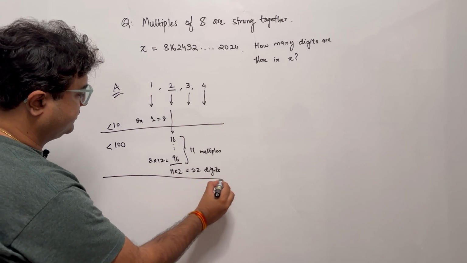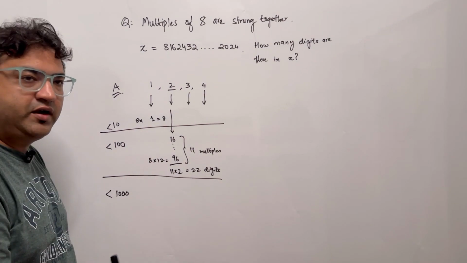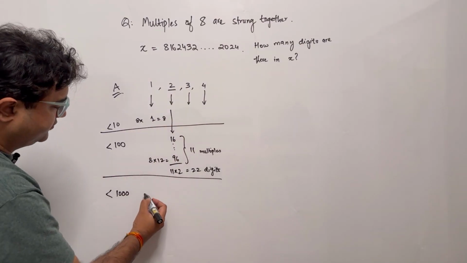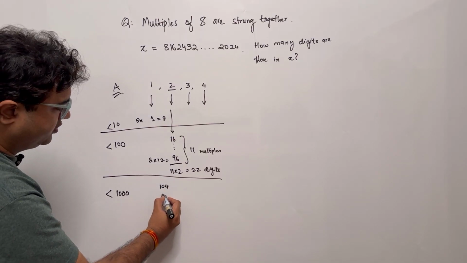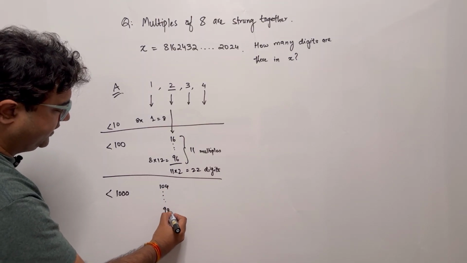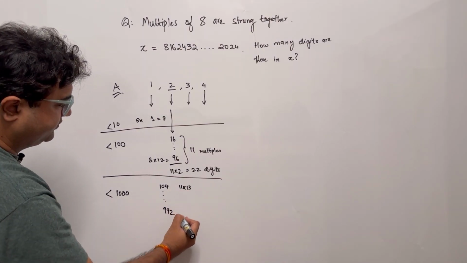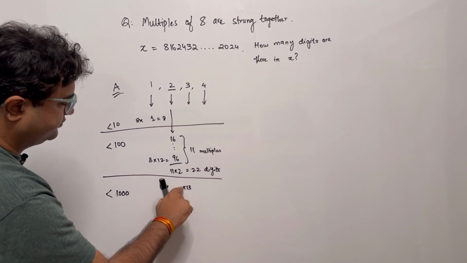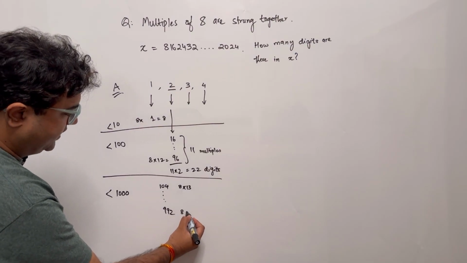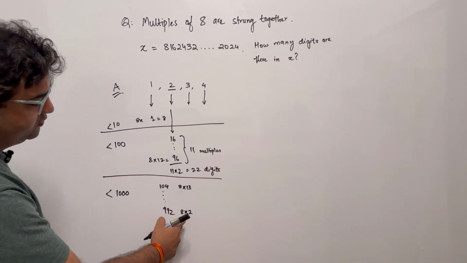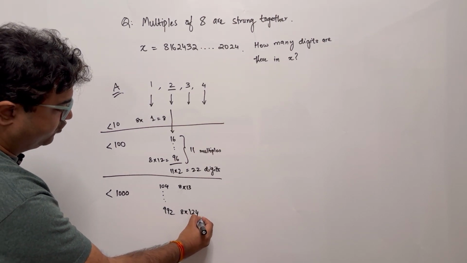Okay. Then less than 1000 will be multiples of 8 which have 3 digits. So from 104 all the way up to 992. So this is 8 into 13, and this is 8 into 124.